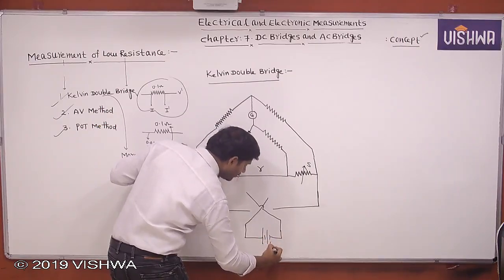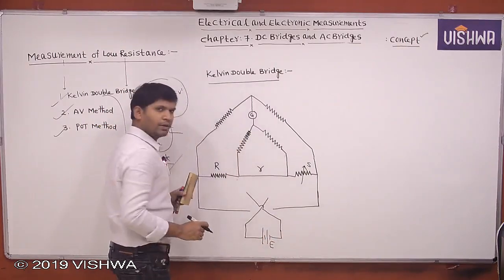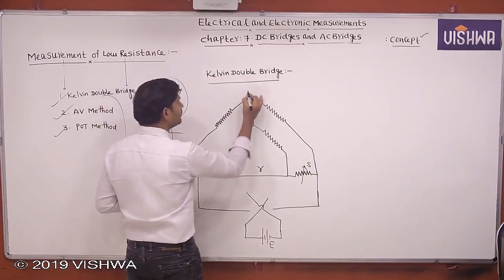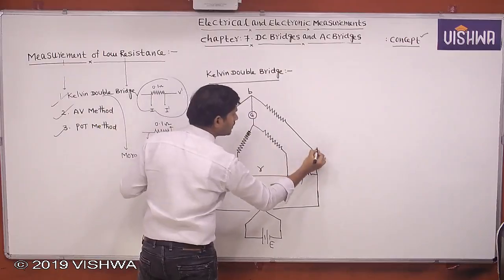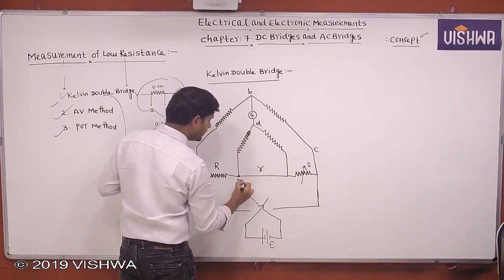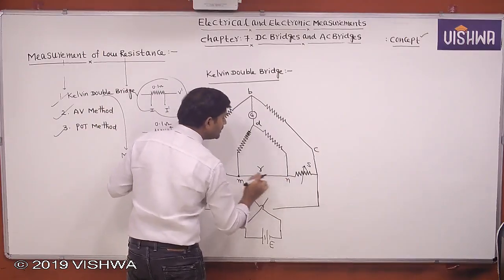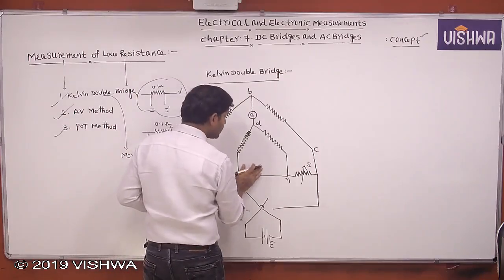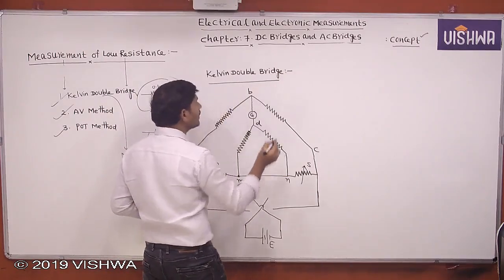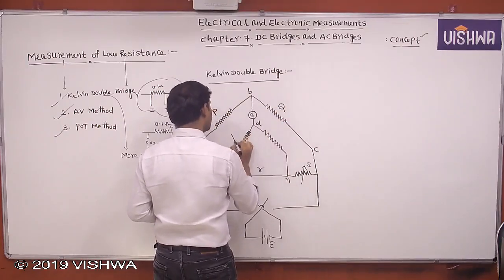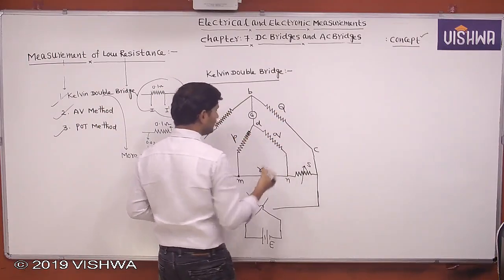This battery EMF is E. Okay. Let the nodes be A, B, C, D. This position is M and this position is N. Now small r is the lead wire or connecting wire resistance. This is capital P and capital Q, and this is small p and small q.